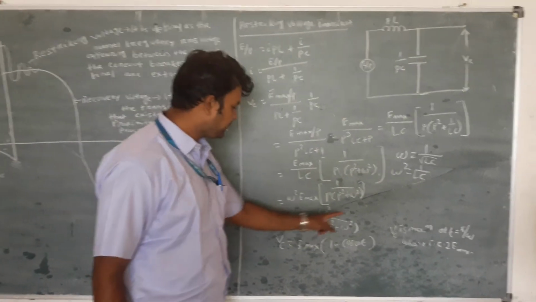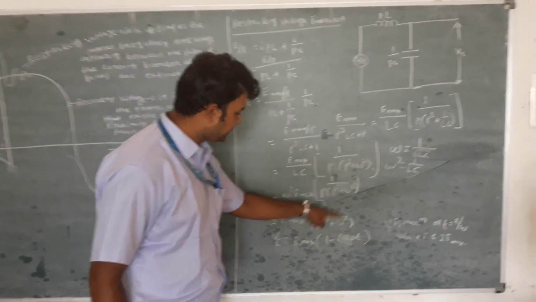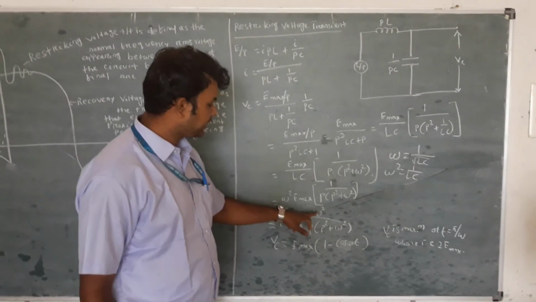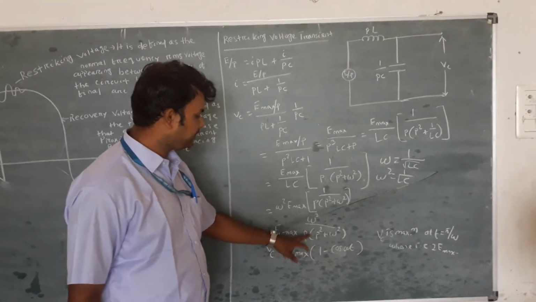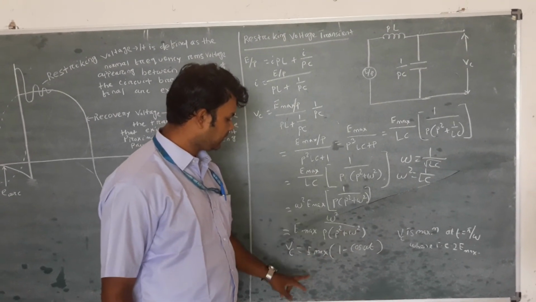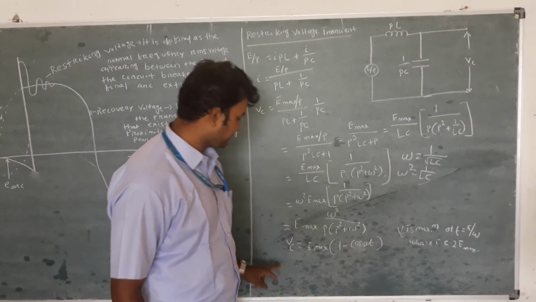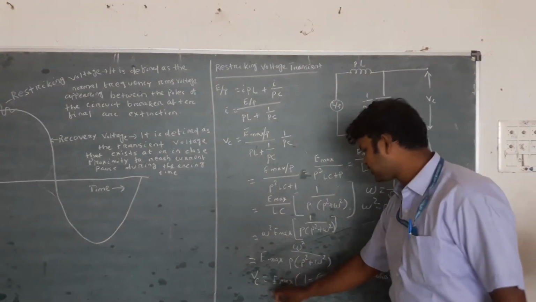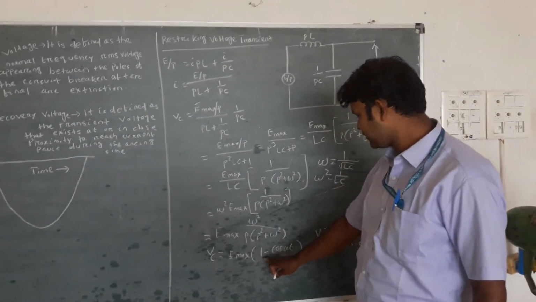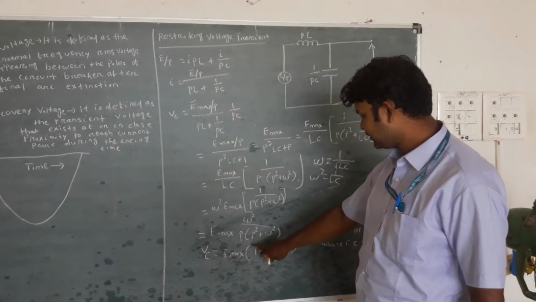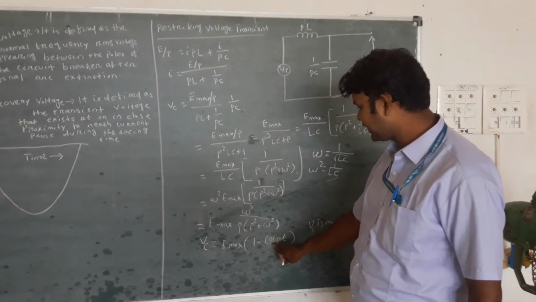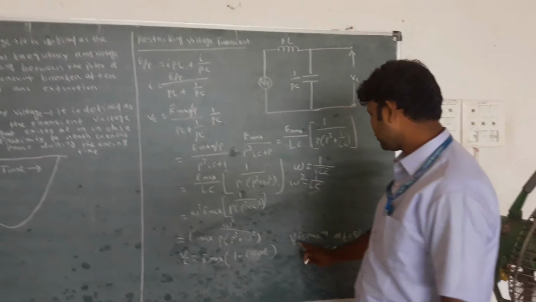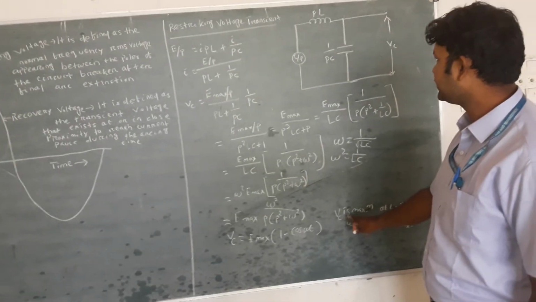Now what is the expression for this one? You all know the value: omega square divided by P into (P square plus omega square) is 1 minus cos omega t. So VC, the voltage across the capacitor, is equal to Emax (1 minus cos omega t). When will VC, the restriking voltage, be maximum?